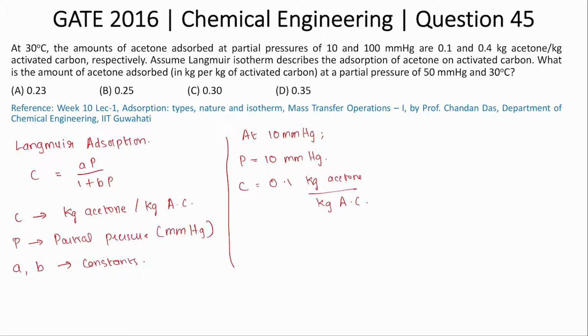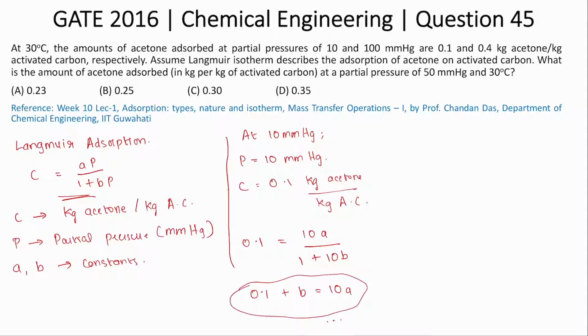Now, we can substitute this P and C in the main Langmuir adsorption equation, and we'll get 0.1 is equal to 10A by 1 plus 10B. Now, rearranging this equation, we get 0.1 plus B equal to 10A. Let's assume this as equation number 1.